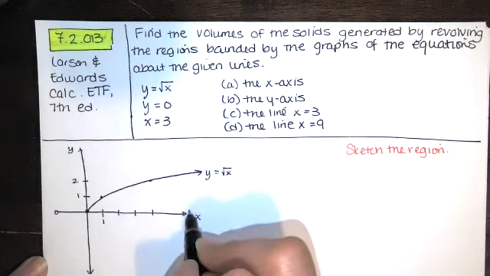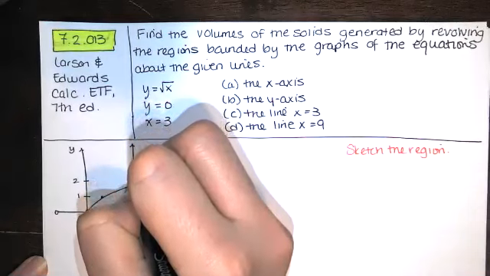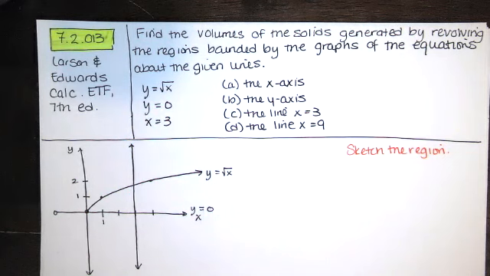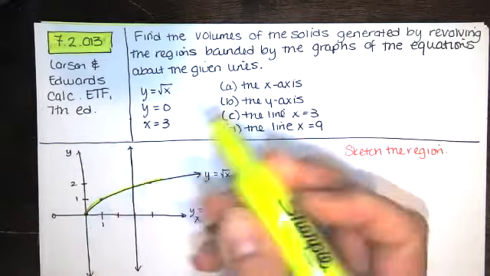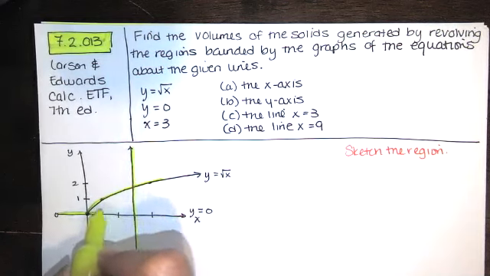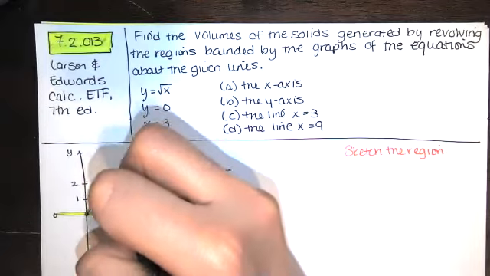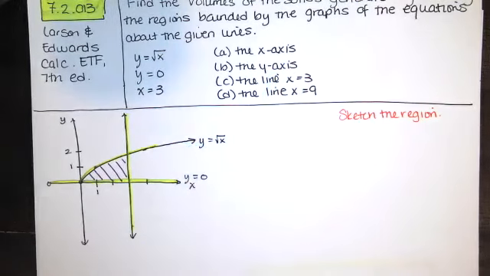Y equals 0 is the x-axis, so that's right there. And x equals 3 is a vertical line. So our region is the region bounded by this curve and this line. And this line, y equals 0, is the x-axis. So it's that region inside there. Now we're asked to take this region and revolve it about the x-axis.